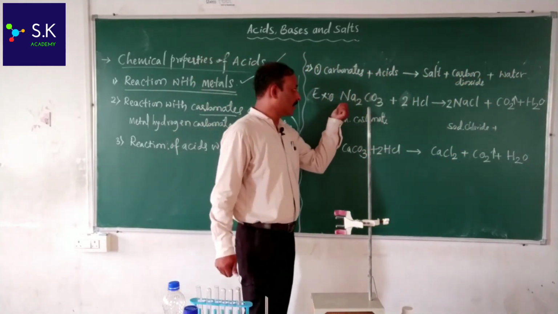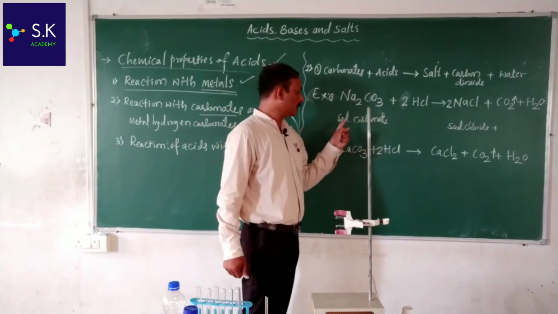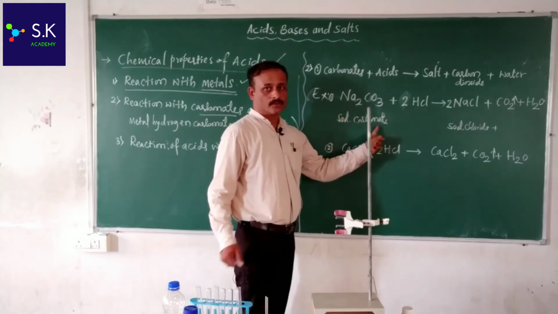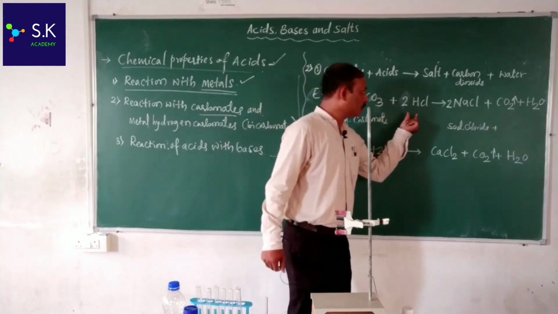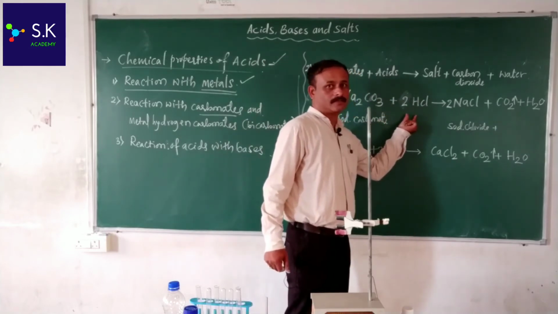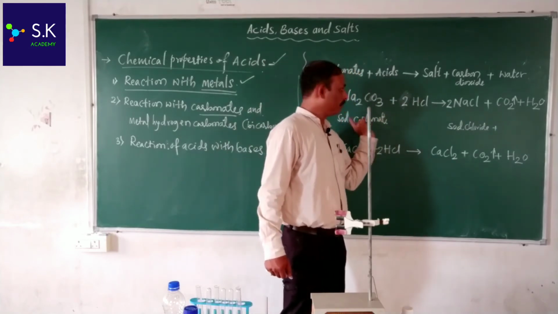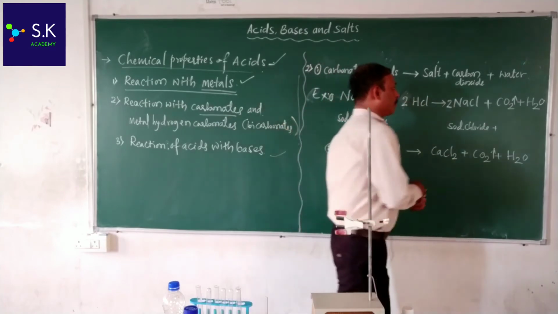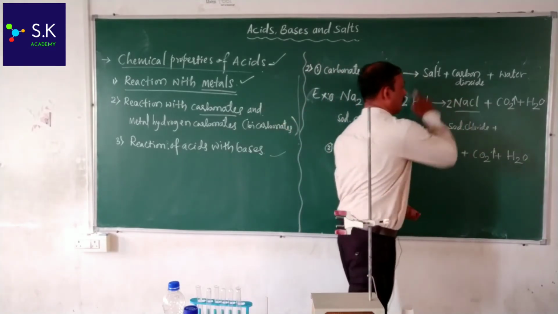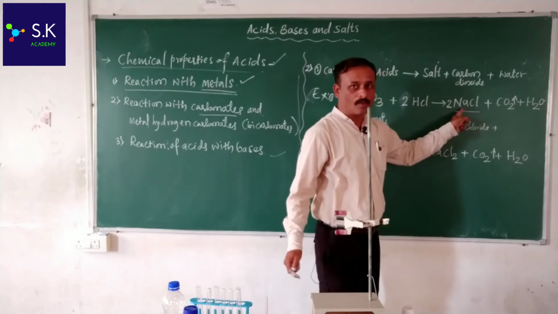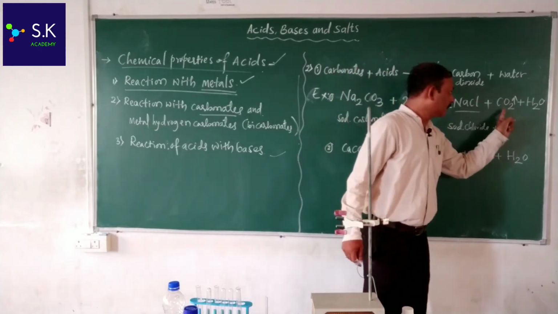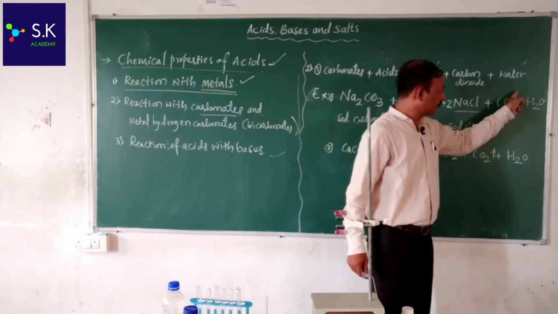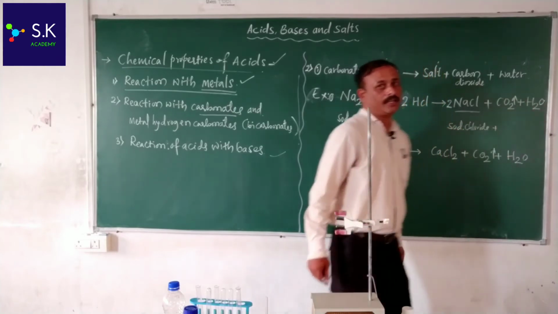I have taken an example of Na2CO3, that is sodium carbonate. When sodium carbonate reacts with hydrochloric acid, it produces a salt, sodium chloride, common salt, then carbon dioxide, CO2, a gas, is liberated, and along with that H2O, water, is produced.